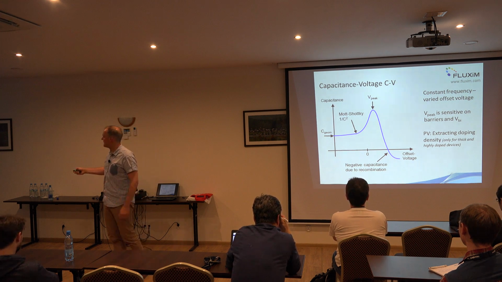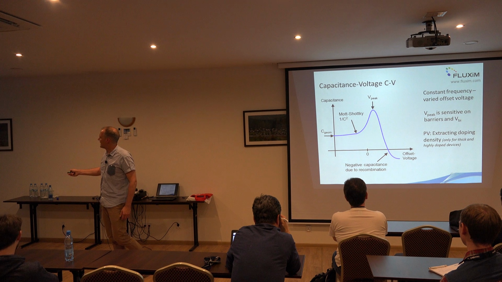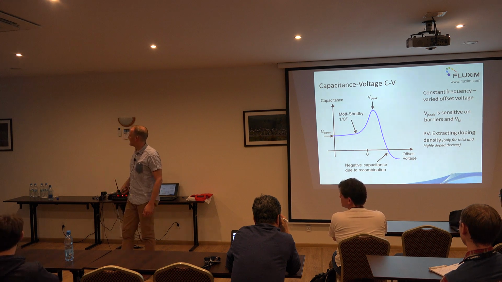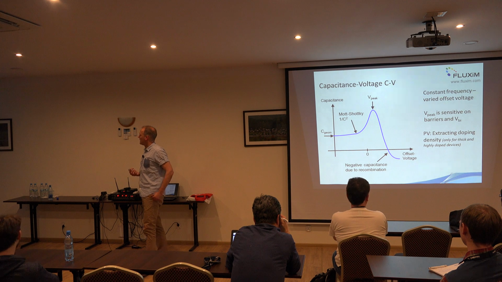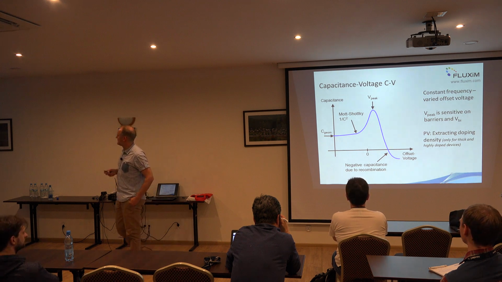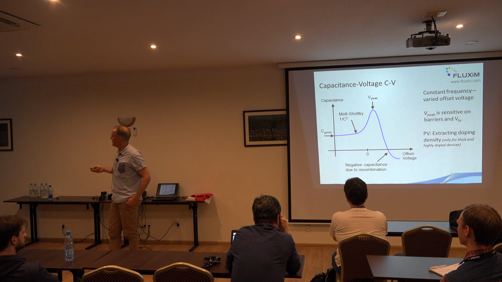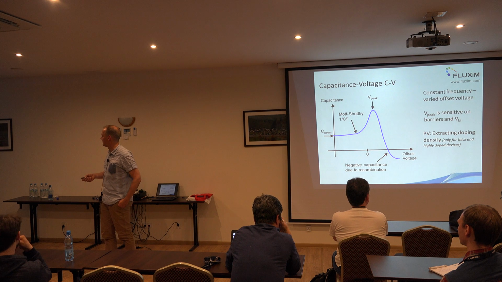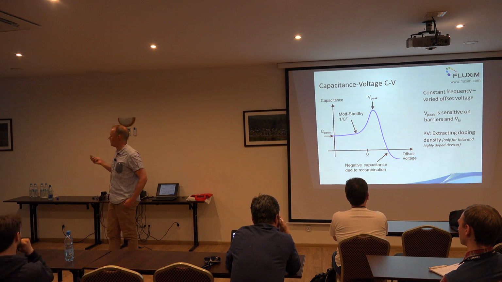So that's expected. Mott-Schottky analysis would typically look at the slope here and assign a density of dopants. That's one way of analyzing this data. There are routines implemented that allow you to extract the Mott-Schottky doping density.